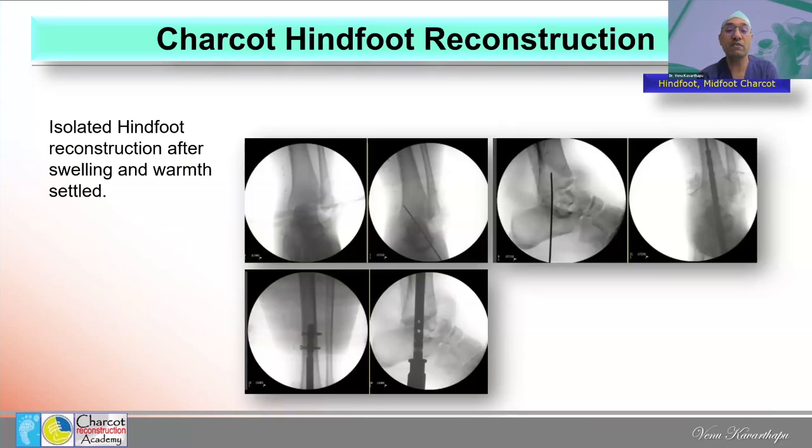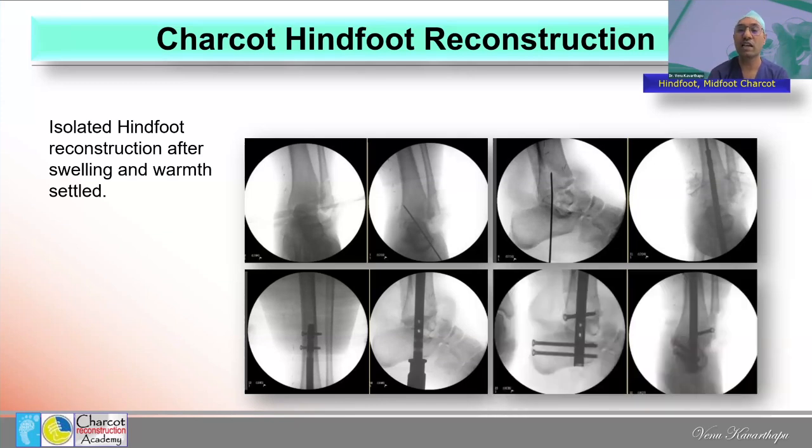So an isolated hindfoot Charcot reconstruction using an intramedullary hindfoot nail is the gold standard if you choose to use internal fixation. We don't favor using plate fixation unless in certain specific situations. You just correct the deformity, line up the ankle and subtalar joint, and apply a compressive hindfoot nail.